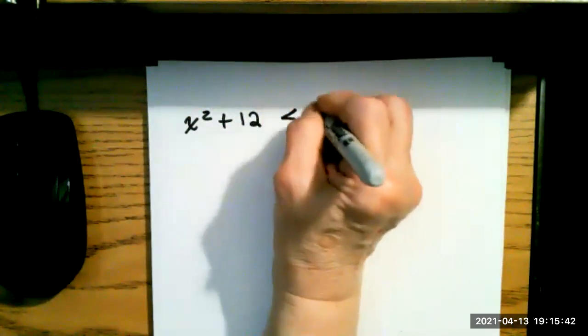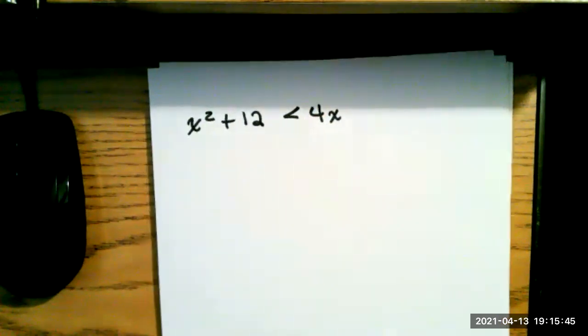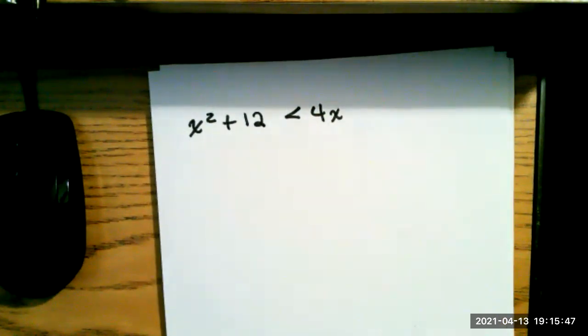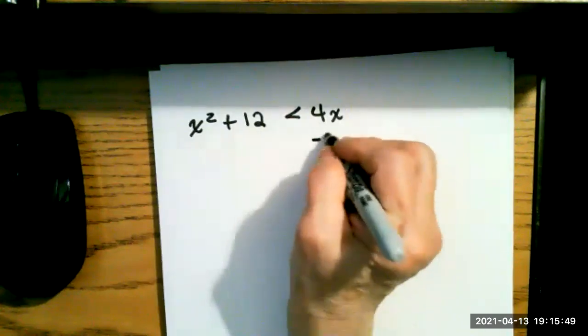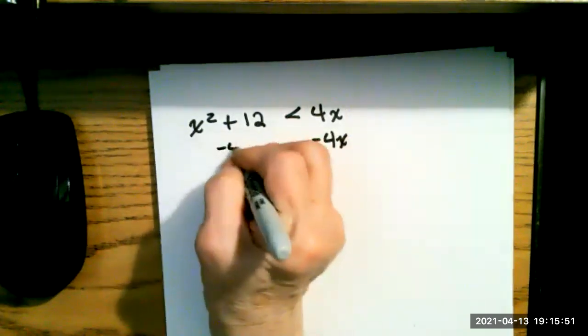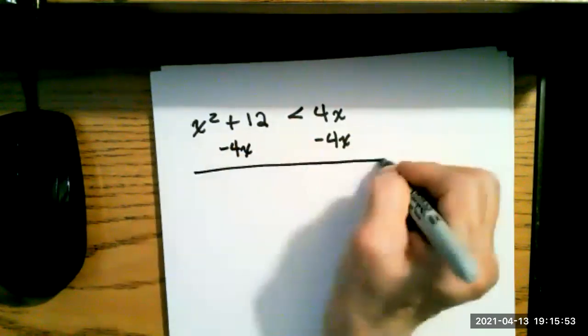All right, let's try another one and see how much more complicated they're going to get. Let's look at this one. This one is x squared plus 12 is less than 4x. And before you do anything, you need to get a 0 over here. So you subtract that 4x from both sides.